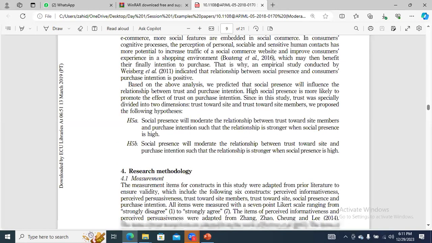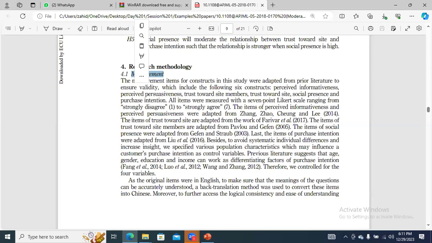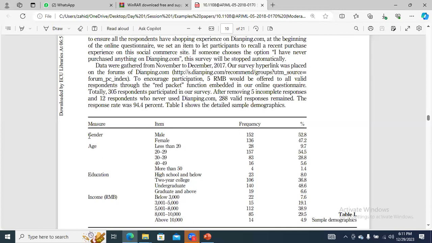Simply when we are applying a primary data study, we need to have some measurements, and we need to have some questionnaires. You can see that a good questionnaire might include the demographic part, like gender, age, education, income, and different options for those demographic variables.